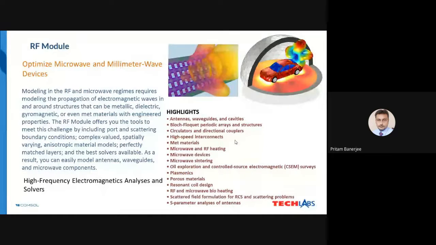Then comes the RF module. Actually, the RF module is used for optimized microwave and millimeter wave device designing. As the name RF suggests, it uses the RF module to understand and predict the performance of devices used in RF, microwave, and millimeter wave industries.